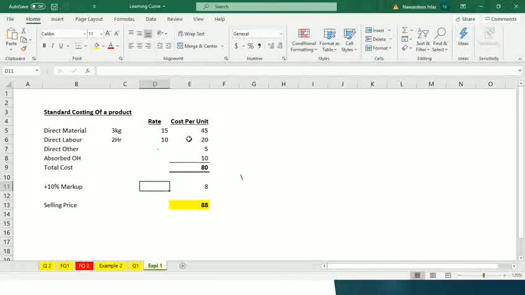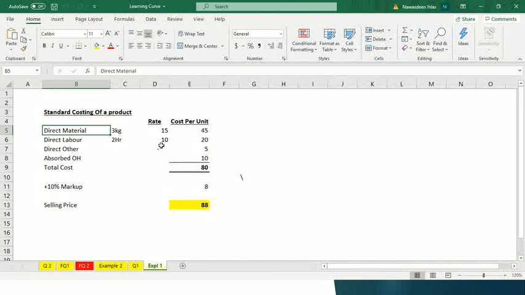For this particular product we need 3 kilograms of material. Per kilogram you have to pay 15 rupees. So for one unit the cost will be 45 from direct material. For direct labor you can see 2 hours, rate per labor hour 10 rupees. So you can see 20 per unit.